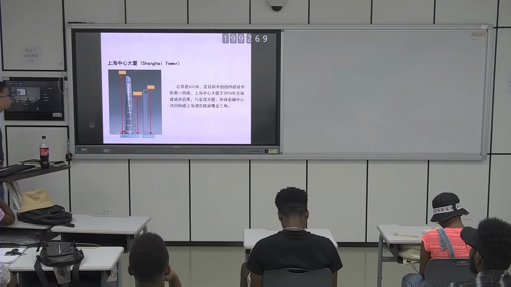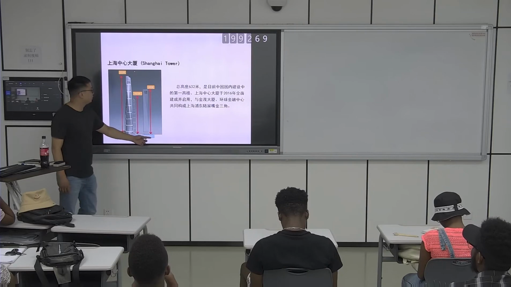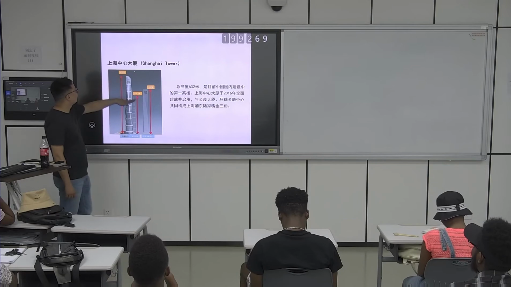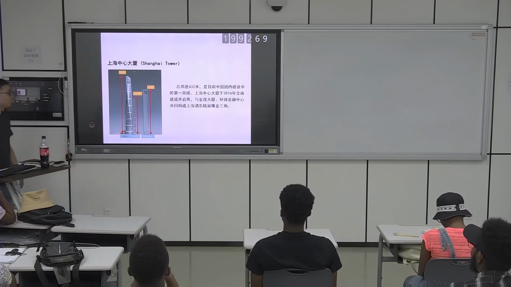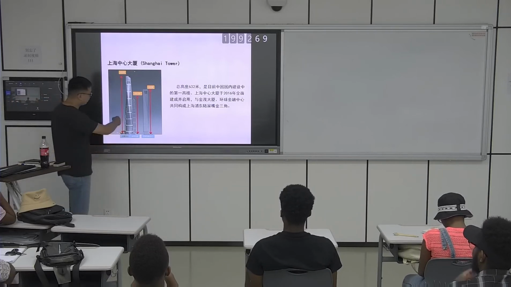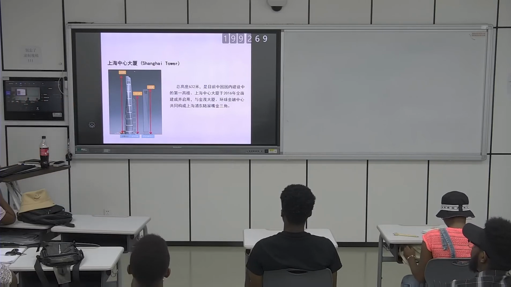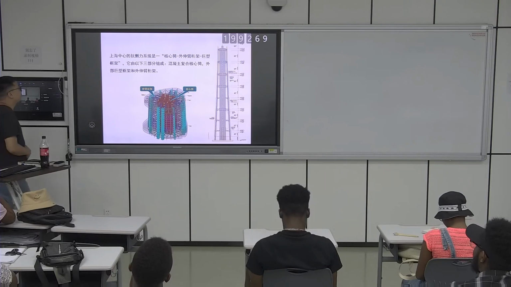Now in Shanghai Pudong, they have three buildings: Jingmao Tower, the World Financial Center, and the Shanghai Center. You can see one is 400, 500, 600 meters. They all use concrete and steel. You can see the construction of the Shanghai Center.